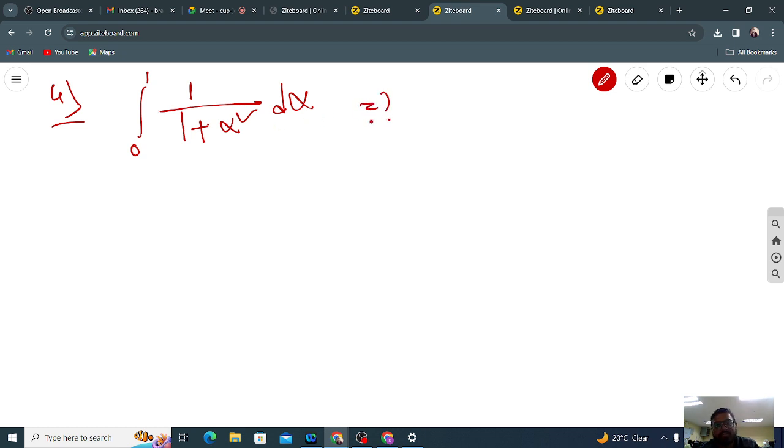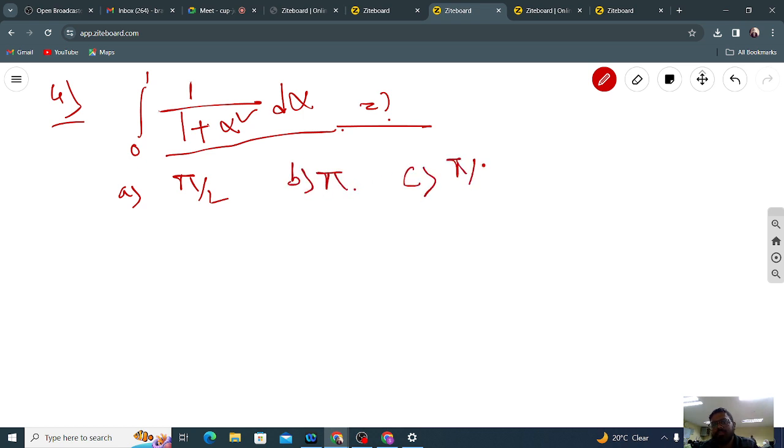What is the value of this? First option is pi by 2, option 2 is pi by 4, and 3 is pi by 2.